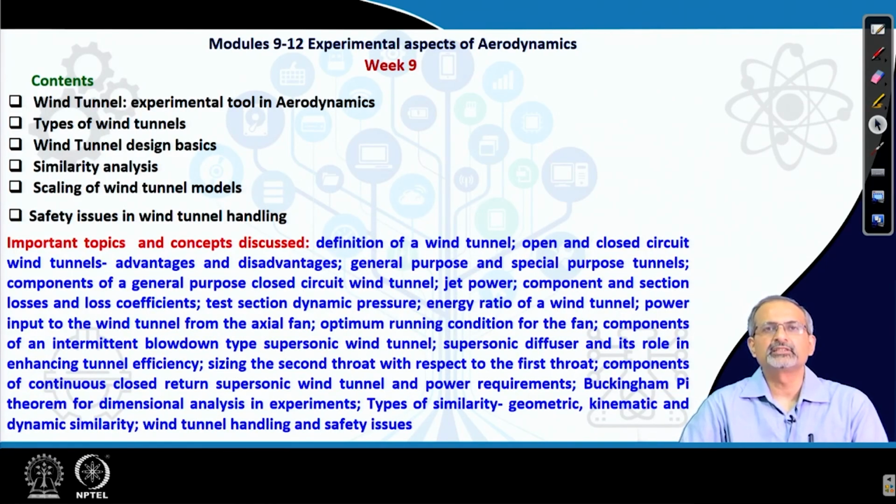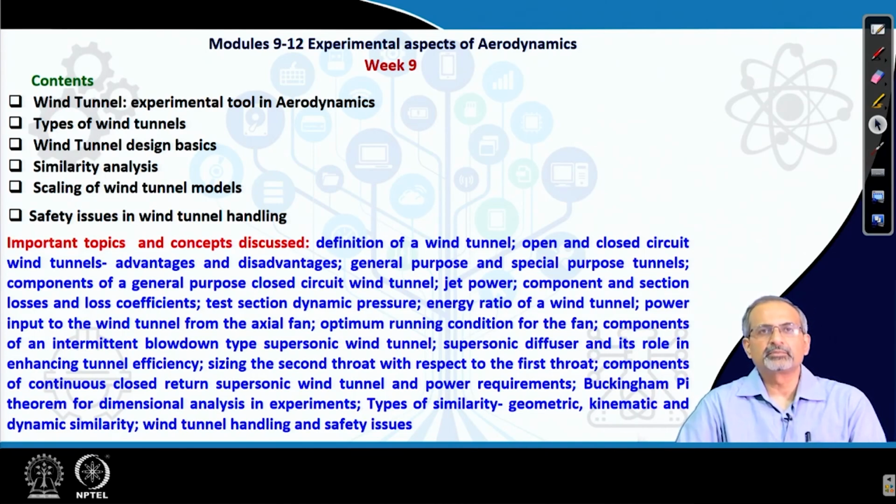We began with the definition of a wind tunnel, which is the heart of experimental aerodynamics. Open and closed circuit wind tunnels, their advantages and disadvantages were discussed, and then we looked at some general purpose as well as special purpose tunnels.